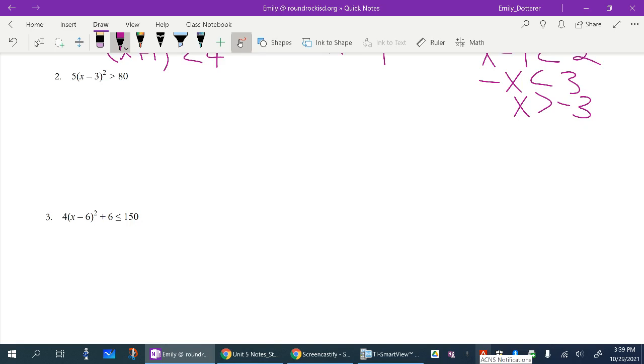Number 2 is going to be really similar. This time we don't have a plus or minus on the end, so we can go ahead and divide by the 5 straight away. $80 divided by 5 is 16.